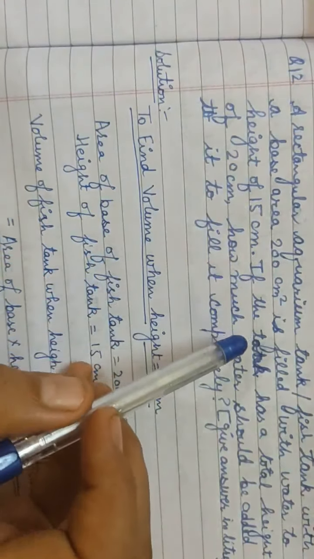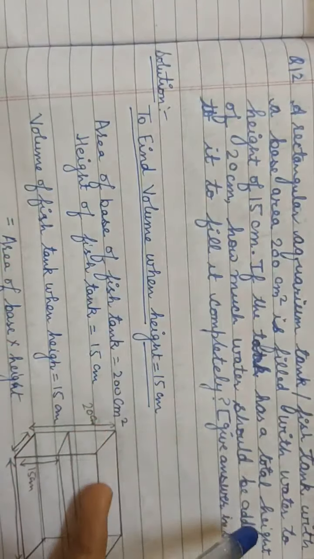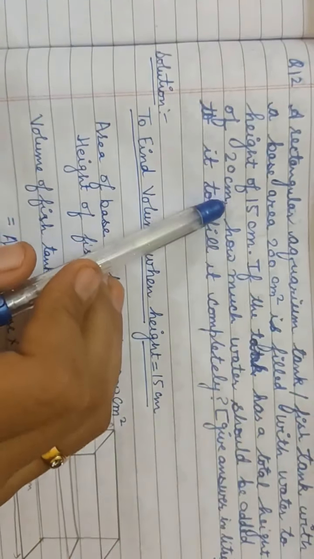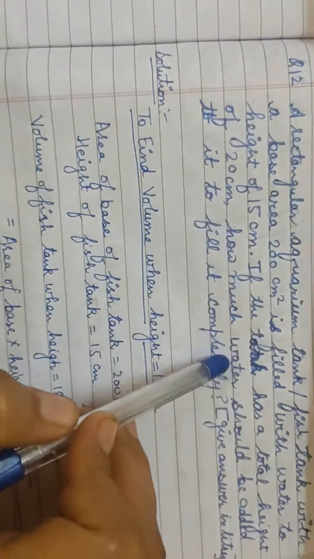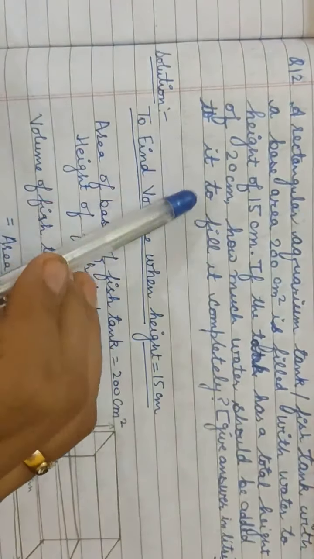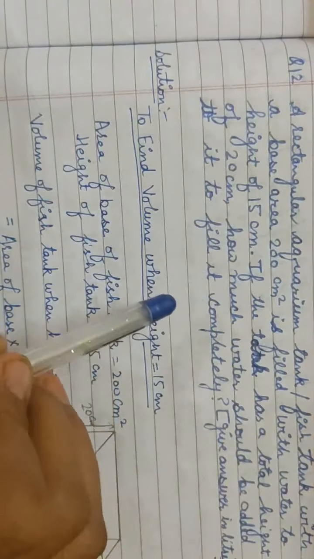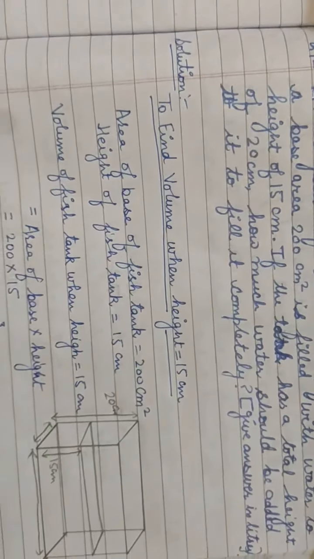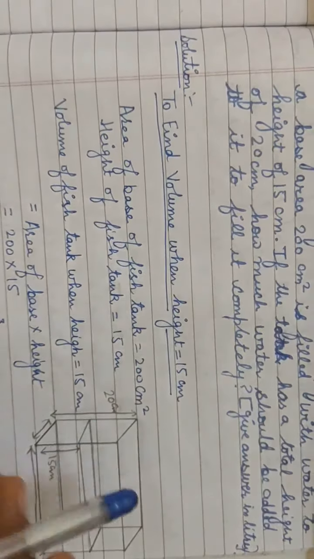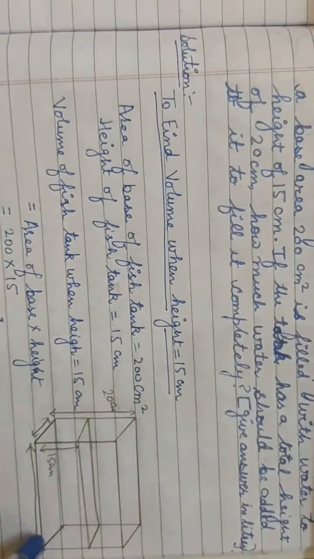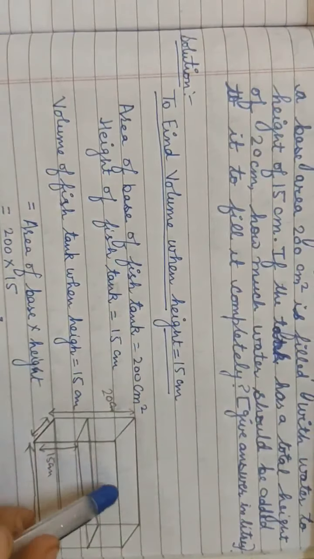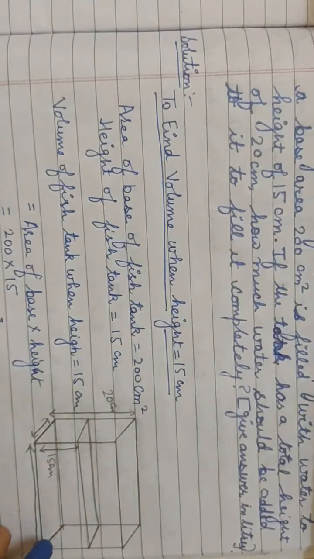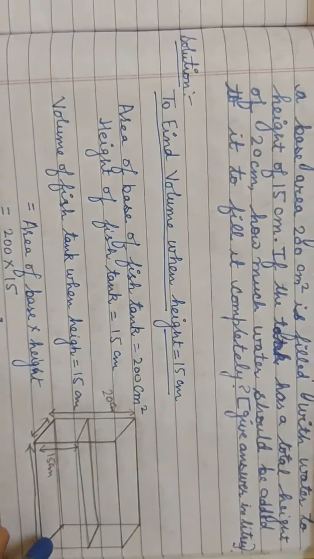If the tank has a total height of 20 centimeter, how much water should be added to it to fill it completely? Give answers in liters. So, what is given in this question? One fish tank is there, and we know that the fish tank is in the shape of a cuboid. What else is given?